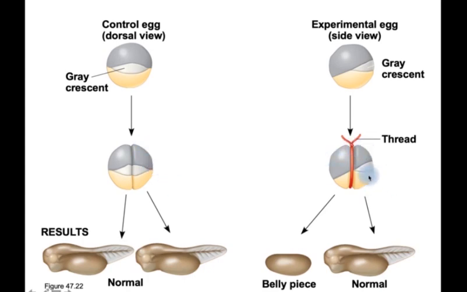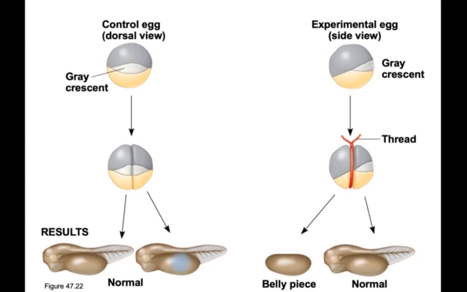Now the surprising event was that in the experimental condition where all the gray crescent was on one side, the cell that got the gray crescent became a normal tadpole, but the one that didn't have any gray crescent was essentially just the belly, just that ventral piece.